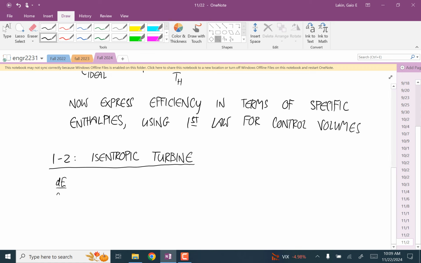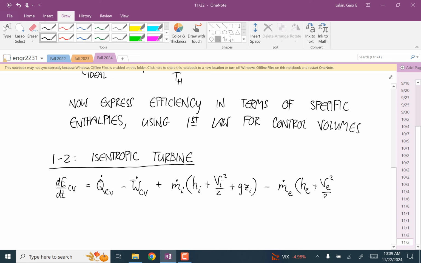So we're going to start with d dt for the control volume is equal to Q dot minus W dot plus m_i dot times the quantity h_i plus V_i squared over 2 plus g z_i, minus m_e dot times h_e plus V_e squared over 2 plus g z_e.